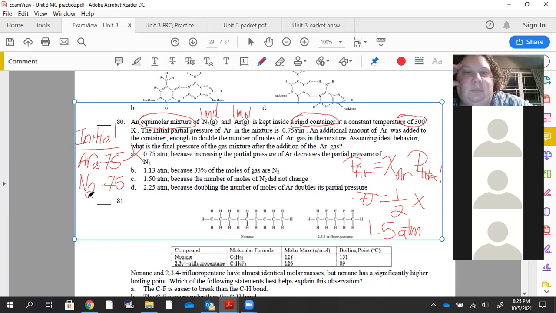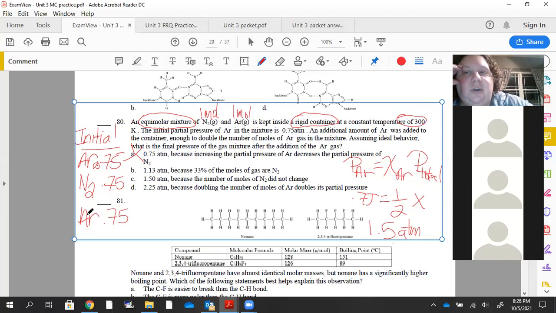That's the same number of moles. It's also going to provide the same percentage of pressure, right? So my argon that I'm adding in new is also going to provide 0.75 atmospheres of pressure. This mixture doesn't care whether that's more argon, nitrogen, or hydrogen gas.